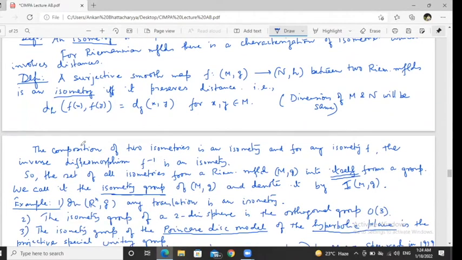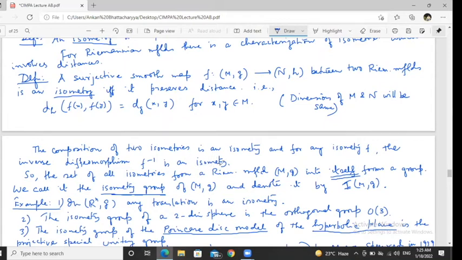Now the composition of two isometries. So we have the isometries, and F is called an isometry. The composition of two isometries is an isometry. And for any isometry F, the inverse diffeomorphism F inverse is also an isometry. So they will form a group.